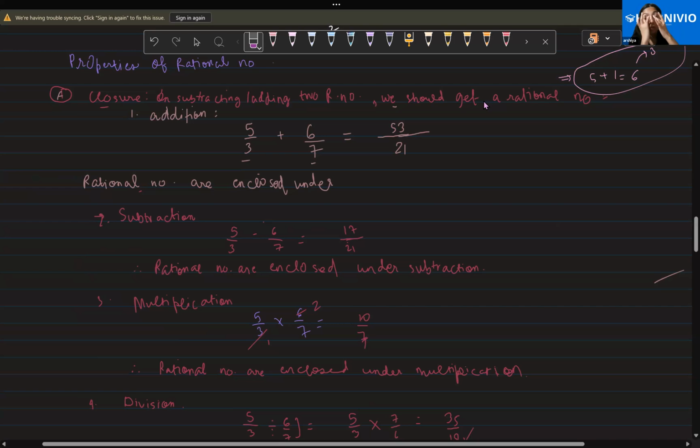No, not the grouping one, it's the reordering one. A plus B should be equal to B plus A. Like 3 plus 5 is the same as 5 plus 3, and that also holds in rational numbers.